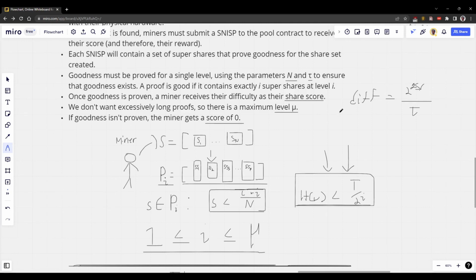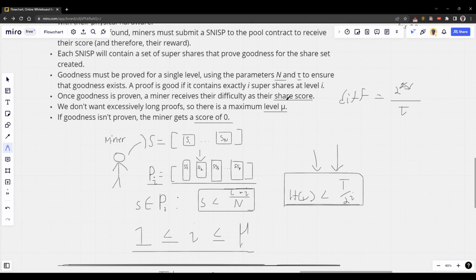One last point to make is that the share score is going to be equal to their difficulty. This is very important. So the difficulty will be 2 to the 256 over ta. So if the miner's proof is validated, they get this difficulty value of ta as their share score. Now, unlike previous share score algorithms, we don't include n.